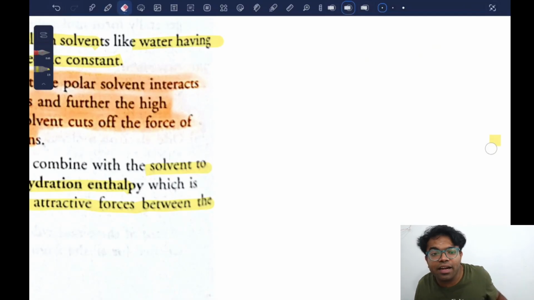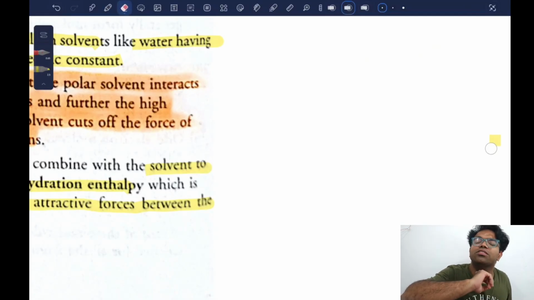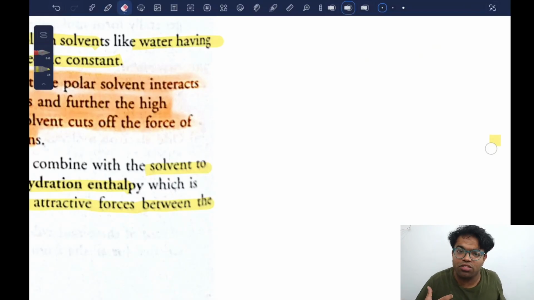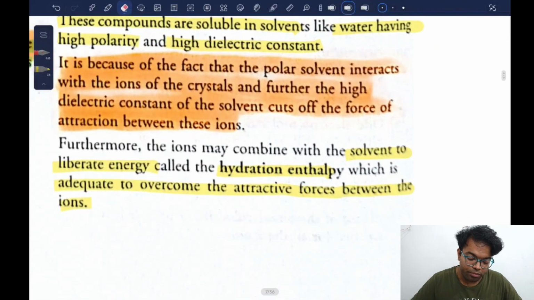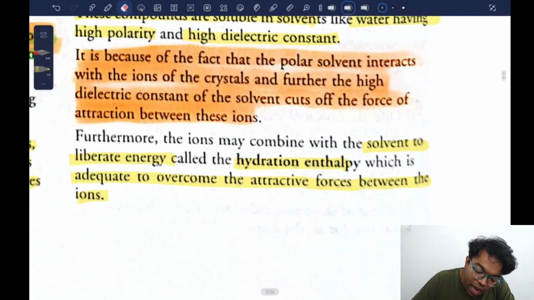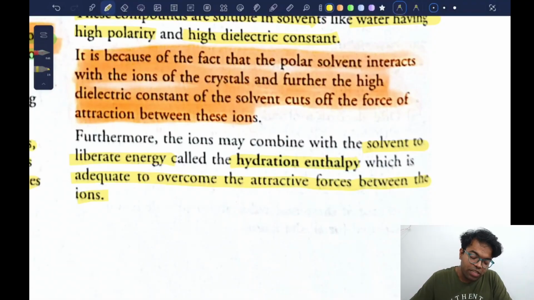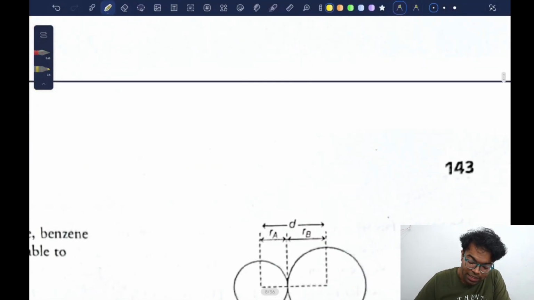And when you pass current through this aqueous solution, they are able to conduct electricity because of this free movement of ions. Understood? This is known as hydration enthalpy. This is what we call hydration enthalpy. Understood? Which is adequate to overcome the attractive forces between the ions.